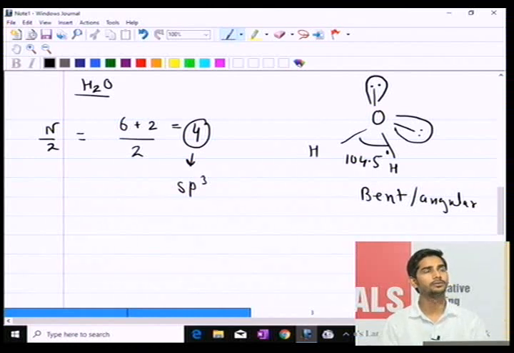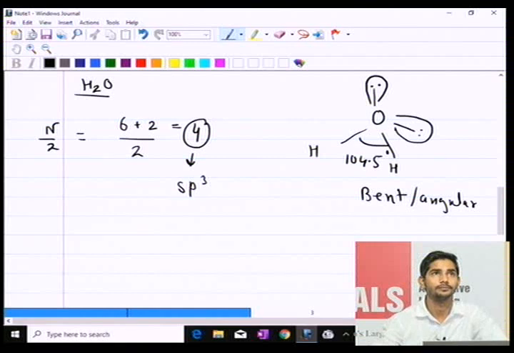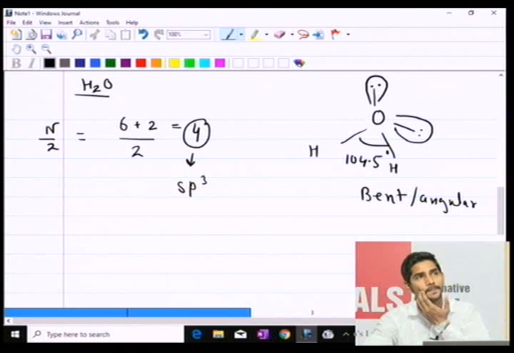Any confusion or doubt in this one? Clear? Confusion? Do I need to repeat it again? Okay.